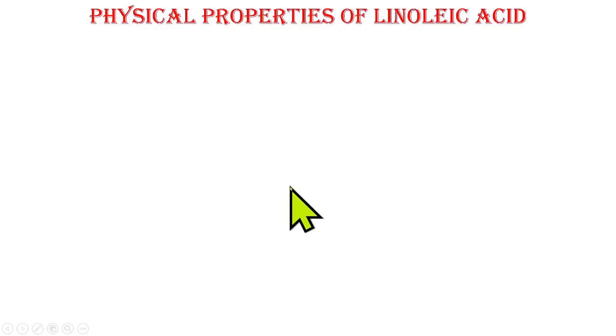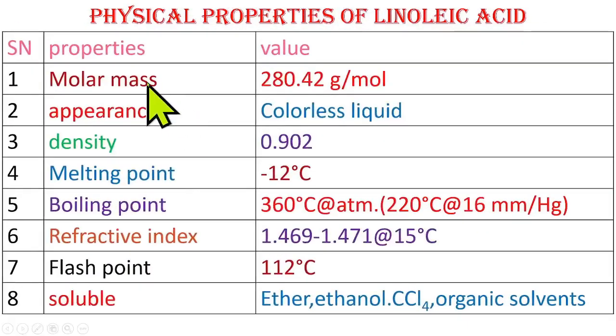Physical properties of linoleic acid. Molar mass 280.42 grams per mole. Appearance of the fatty acid, colorless liquid. Density 0.902. Melting point minus 12 degrees centigrade.